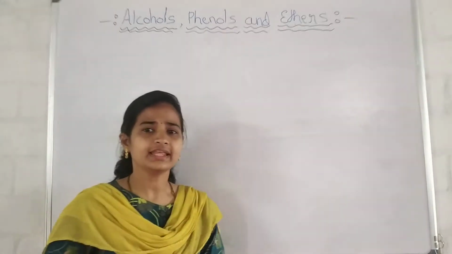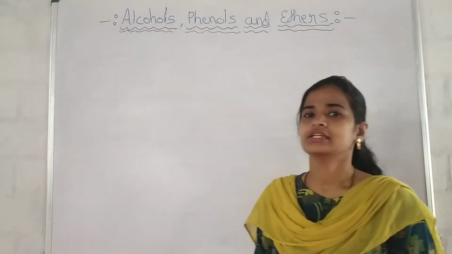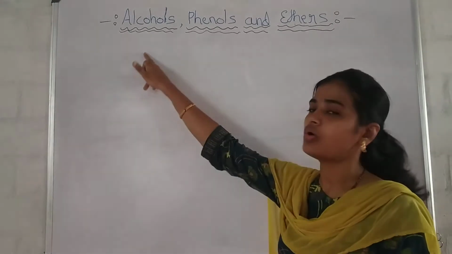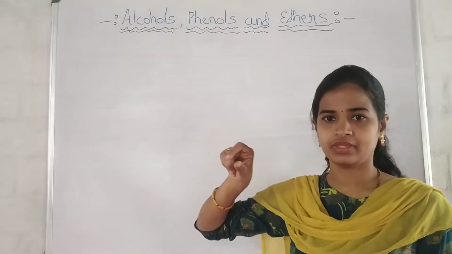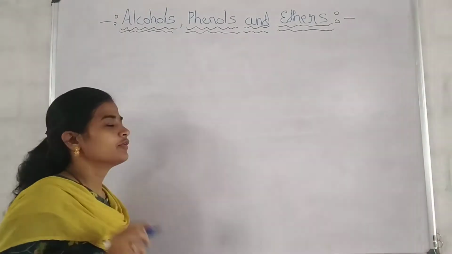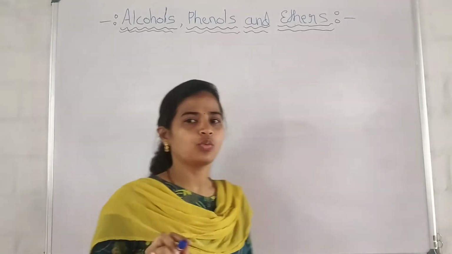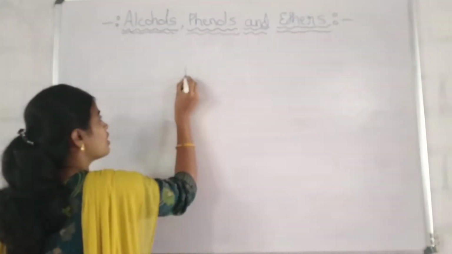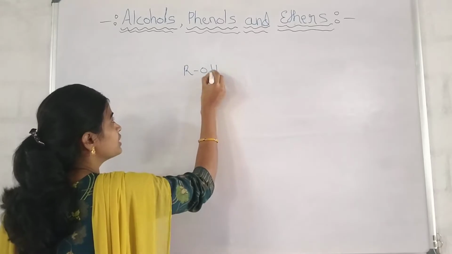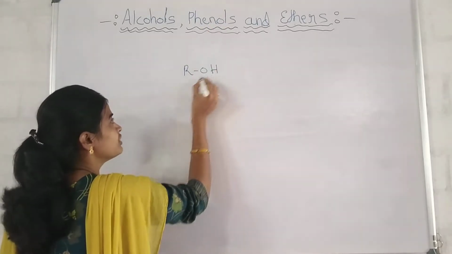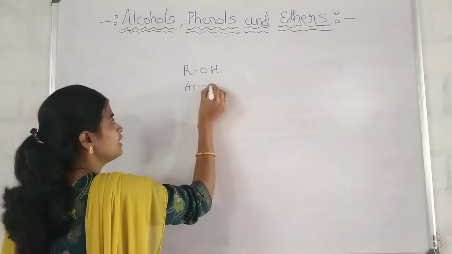Why have they clubbed together all these different compounds: alcohol, phenols, ether? In first PUC, you have studied the general formula of alcohol: ROH. The general formula of phenol: aromatic ring, OH.